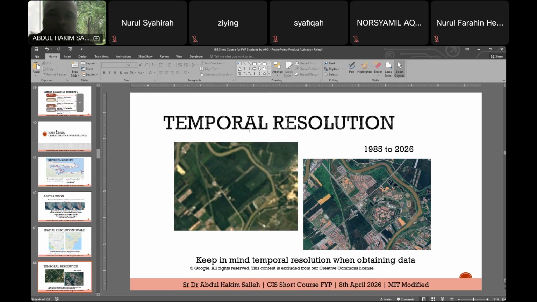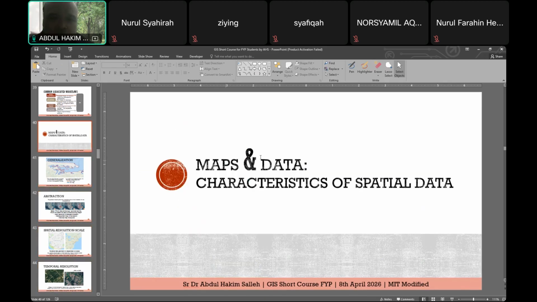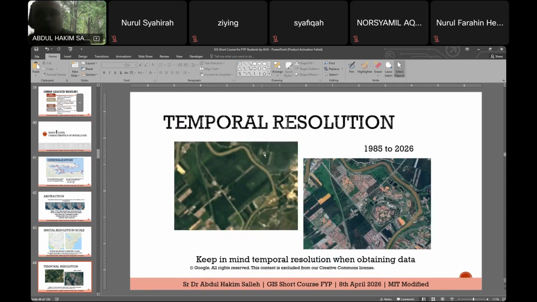Now, the temporal resolution. The next characteristic of maps is temporal resolution. Here, if you take a look at the area of USM, in 1985 the satellite imagery shows no development occurring over here.